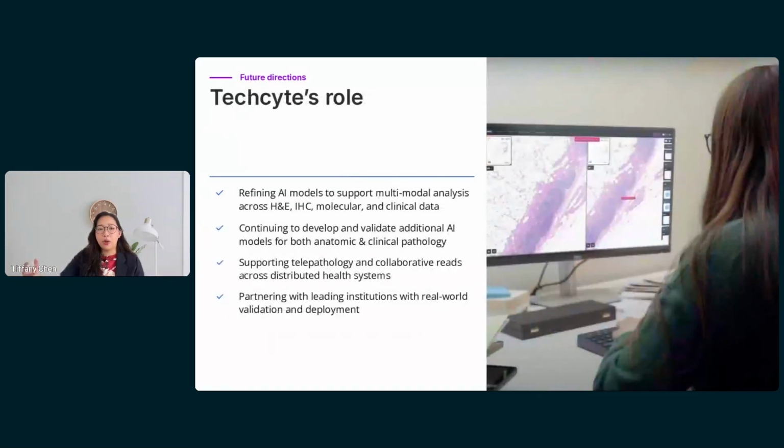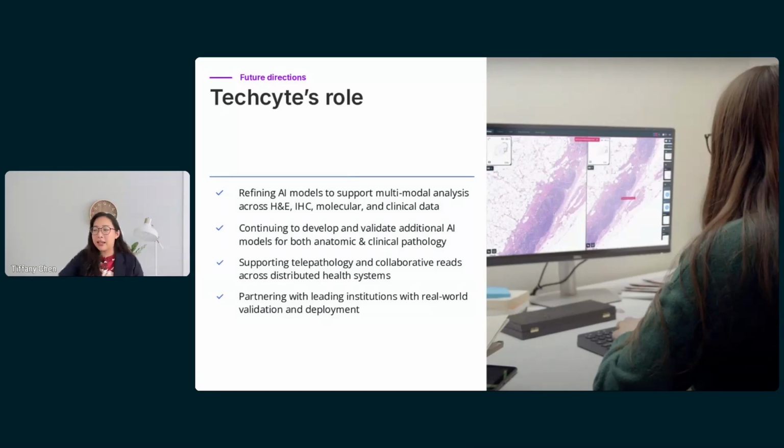So that brings us to where we see Techcyte's future. So Techcyte is really committed to driving meaningful innovation in pathology AI, and not just with individual models, but with a true integrated and unified approach that spans across the pathology spectrum. So as we continue to refine our AI models to go beyond single task performance, our vision is really to support multimodal analyses.